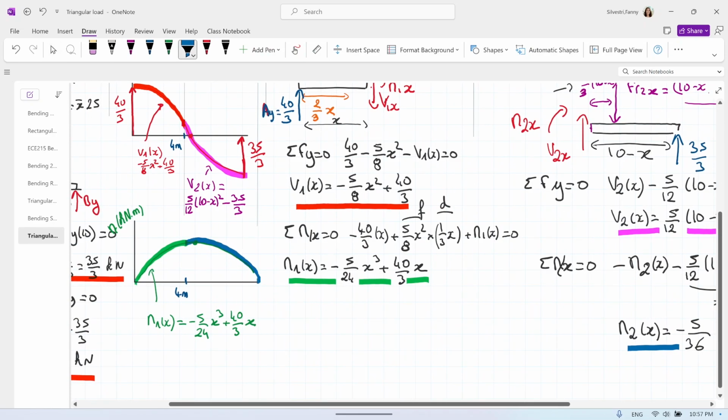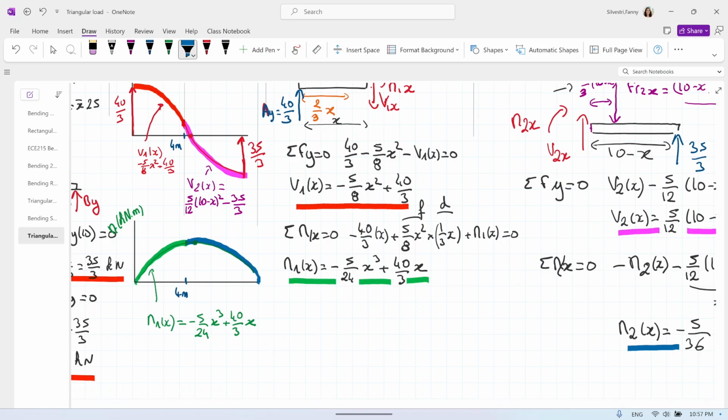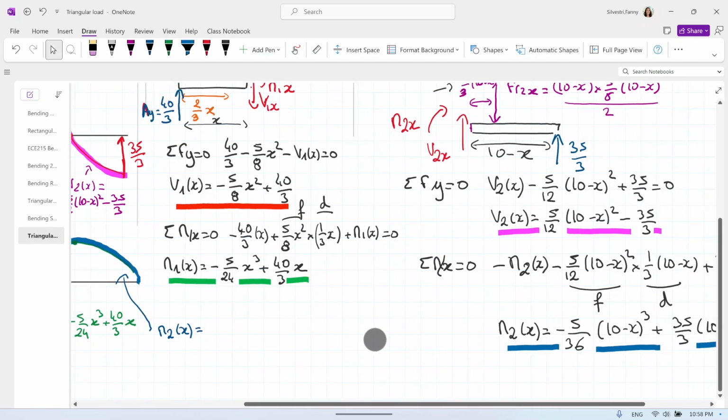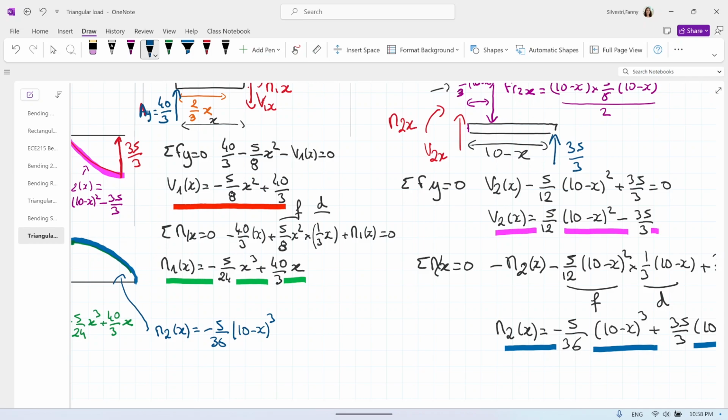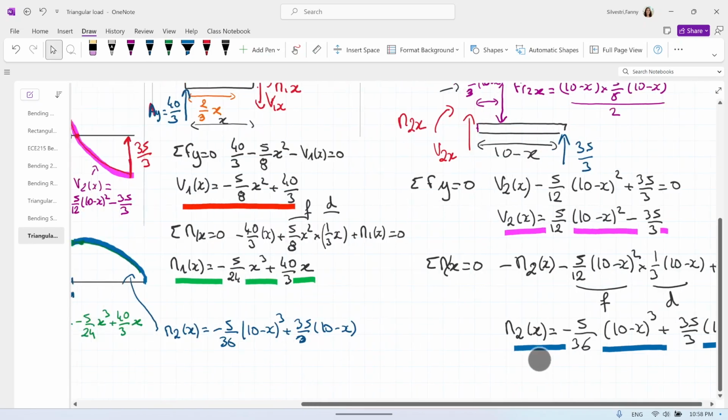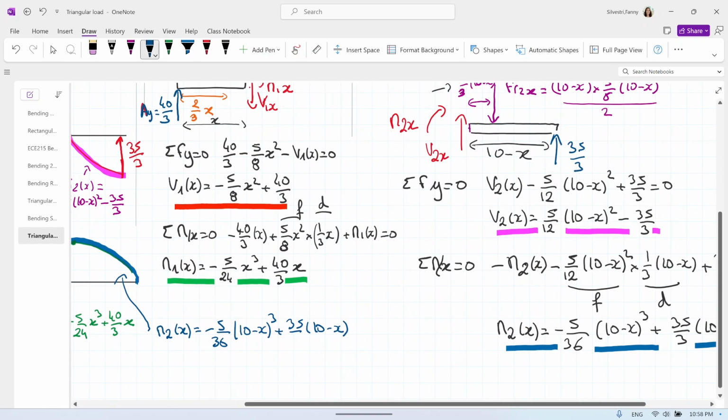And you see when x equals 10, we have 10 minus x everywhere, that will be 0. So this equation is M2 of x equals minus 5 divided by 36 times (10 minus x) cubed plus 35 divided by 3 times (10 minus x). So, yep. Long equations, but they kind of make sense.